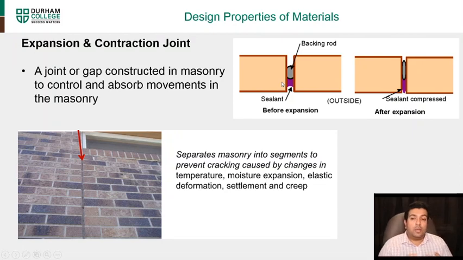So we put sealants in the wall in the middle, and when it expands, the sealant compresses and it makes the joint in the middle. So separate masonry into segments to prevent cracking caused by the changes in temperature, moisture, expansion, deformation, settlement, and creep. So it helps with all those things when you have a very long wall construction.